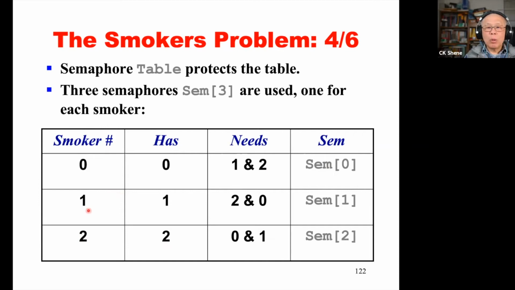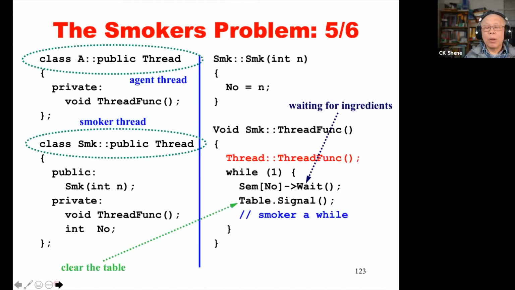Smoker 1 has 1 and needs ingredients 2 and 0, so for 2 and 0 we assign semaphore 1. Smoker 2 has ingredient 2 and needs 0 and 1, so for 0 and 1 we use semaphore 2. Once you get to this point, the remaining is pretty easy.